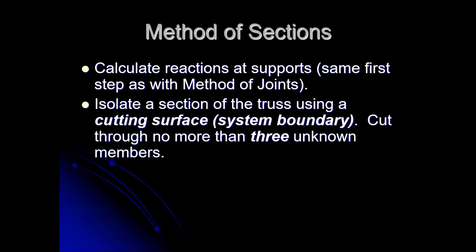Well, in the method of sections, what we're looking at is what forces are exerted on this section of the truss by the rest of the truss and potentially by the supports. So it's important the cutting surface cut through, or the system boundary cut through no more than 3 unknowns. If you cut through more than 3 unknown members, you're going to end up with more unknowns than equations, and that makes things kind of hard to work out.